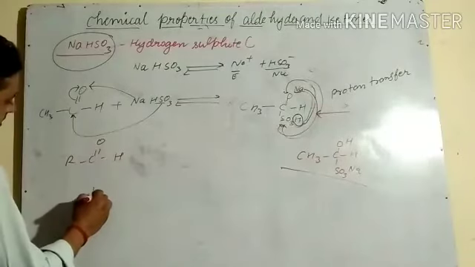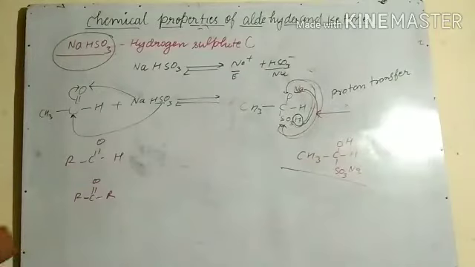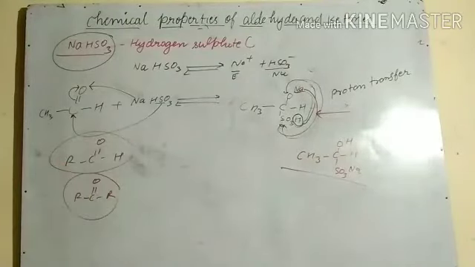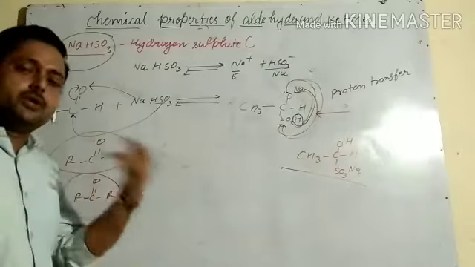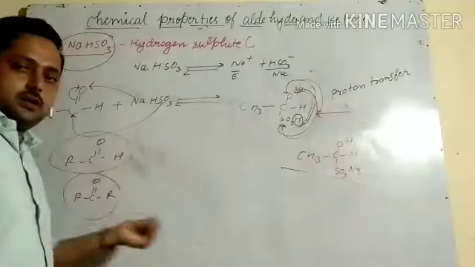So if aldehyde and ketone are there, like this, this is aldehyde and this is ketone, how can you differentiate? In the reaction we add mineral acid, dilute acid, in the reaction. After the product forms, it reverses.